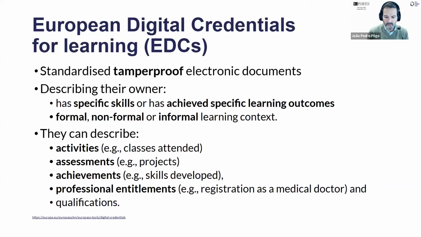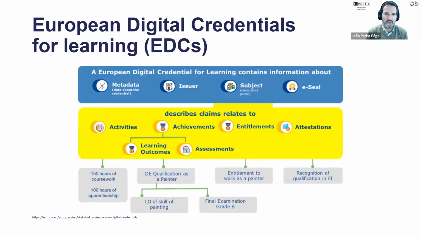What kind of elements does a European Digital Credential, or EDC, have? First of all, it describes the activities that the owner conducted or attended. Obviously, these activities together with the assessments allow you to demonstrate the learning outcomes achieved, and this will then result in an achievement like a course completion or title completion.